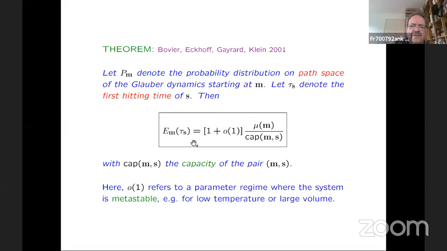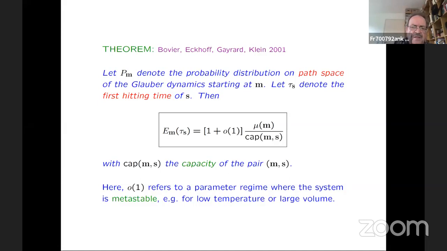And suppose you start in a certain state m, which we will have to specify. Again, the question is, how long does it take before you go over the hill? And there is this nice formula, which should be true in metastable regimes, that this is all essentially a story about capacities that we need to estimate. And we will have to quantify what this M and S really mean, and we will get to that.